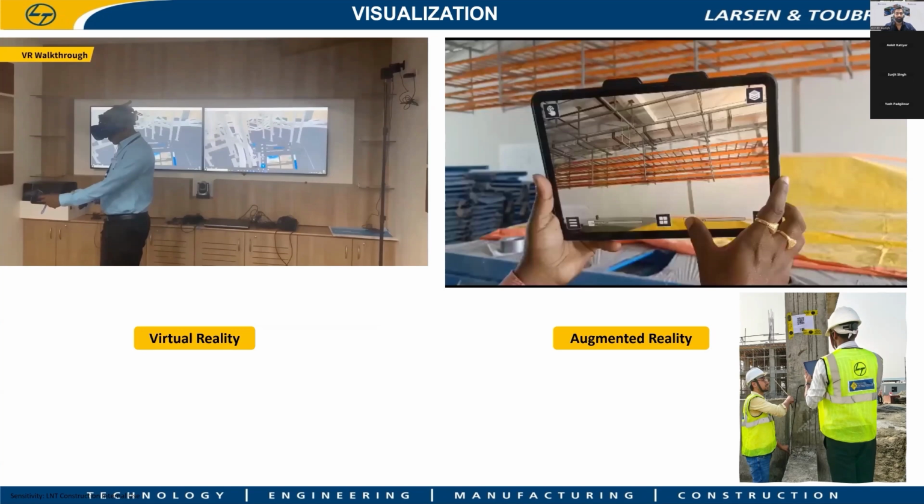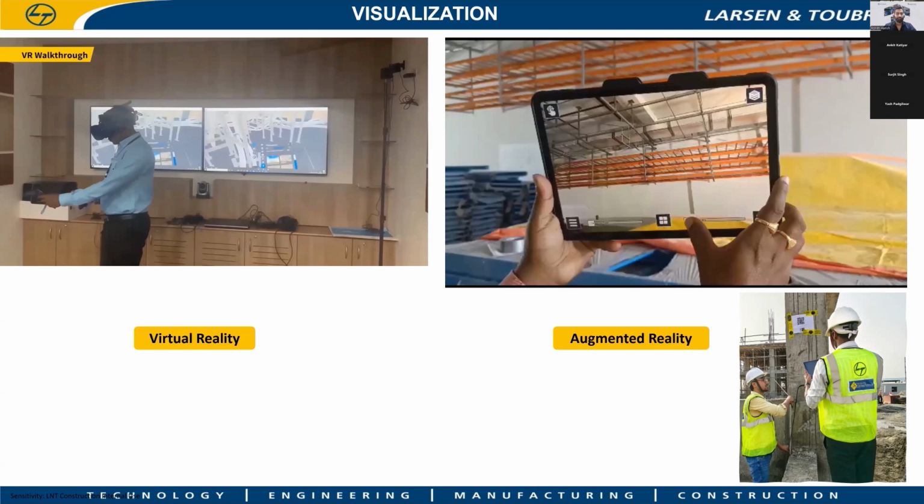All these collaborations are happening through VR, which we deploy at various site offices. As I told, we have a dedicated BIM room where we deploy VR so that the site team can explore a BIM model through the VR platform.